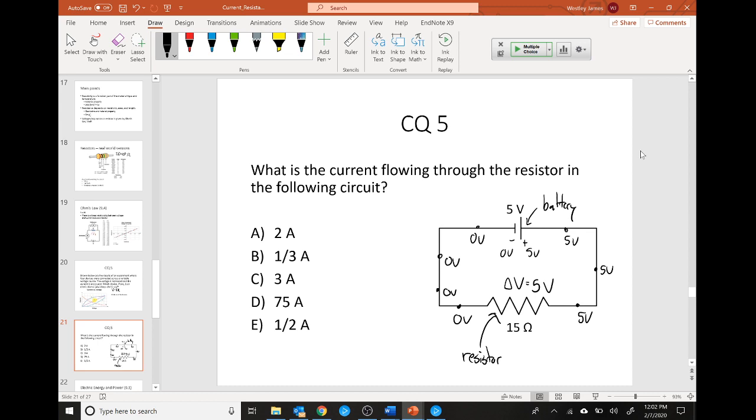Because of that, the voltage drop across the resistor equals the current through that resistor times R. So you all were actually doing more than you realized when doing this problem. So 5 volts equals I times 15 ohms, so you get that I equals 5 divided by 15 equals 1/3 amps.